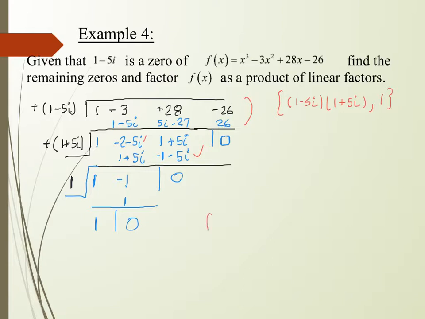So now we have f of x is equal to a times x minus 1 minus 5i, x minus 1 plus 5i, and x minus 1. That's it.